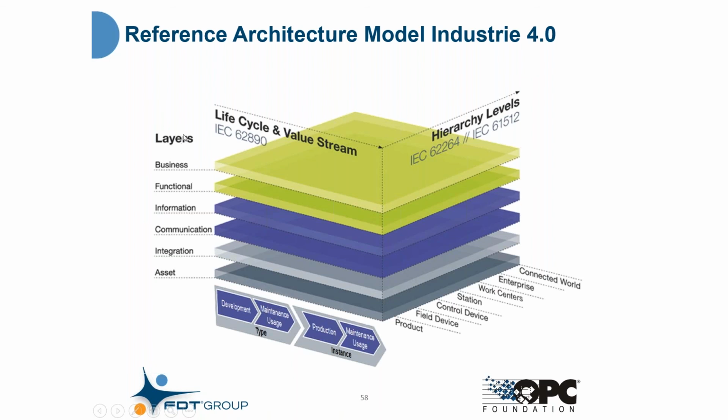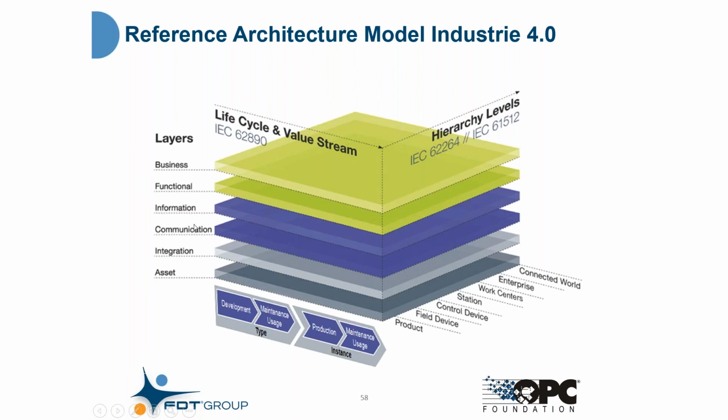It starts from the asset, which is basically what we mainly see here as device, and then somehow we need to do something to integrate the device into Industry 4.0. We need a standardized communication, for instance, OPC UA.